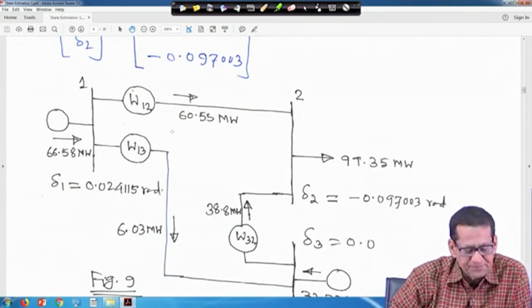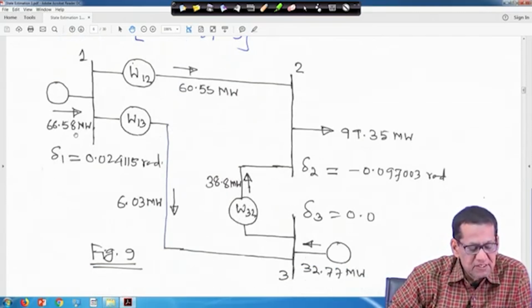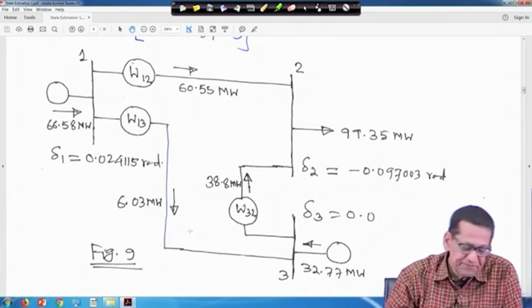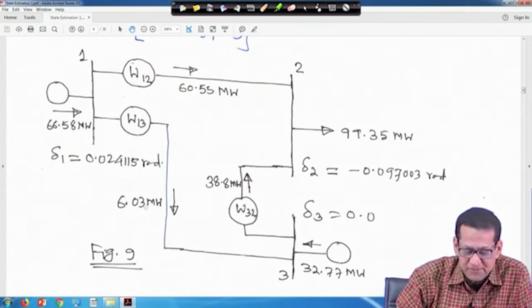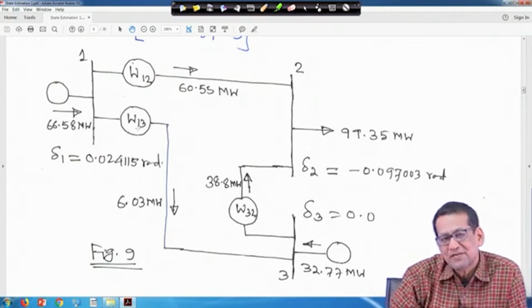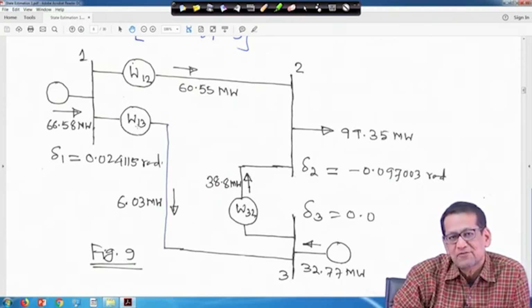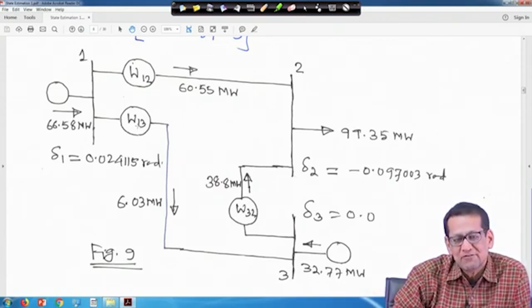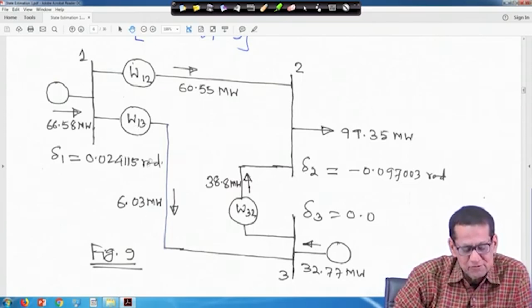Similarly, the power flow from line 1 to 3 is actually 6.03 megawatt, but look, its meter accuracy is plus minus 0.3 megawatt. So, sigma is equal to 0.1 megawatt. So, accuracy is quite good, that is why it is very close to the meter reading, because the meter reading given for this meter W13 was 6 megawatt.